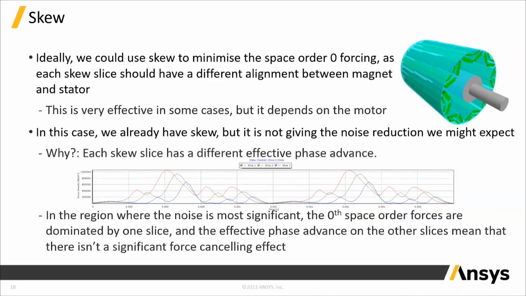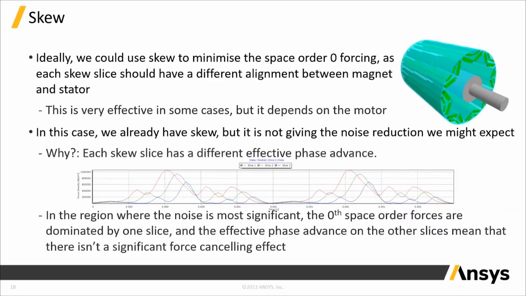One measure often used to reduce noise as well as to reduce torque ripple is skew. So in this case, skew's already been implemented, but despite this, the noise is still quite high. And if we look at the forces, we can understand this a little more.